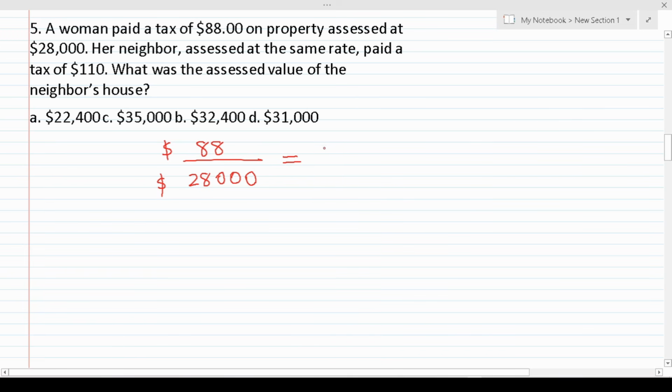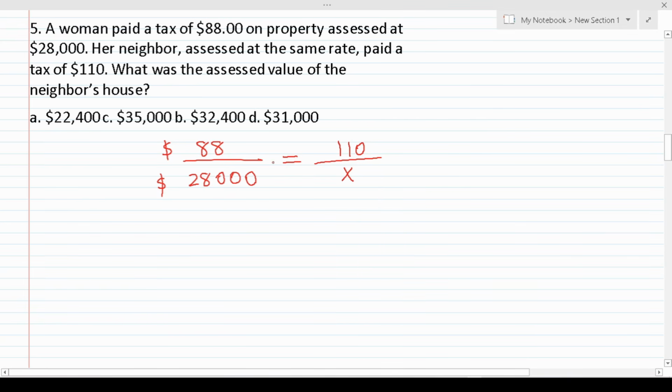So I'm going to put the taxes in the numerator, which is 110. And what we're trying to figure out is the value of the neighbor's property, so I'm going to represent that as x. In this case, we're going to cross multiply and solve for x.